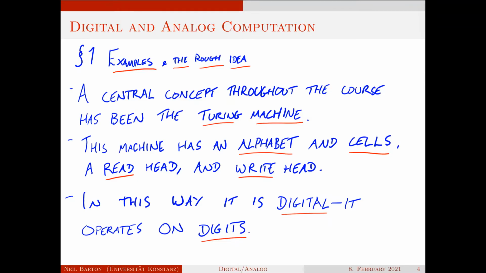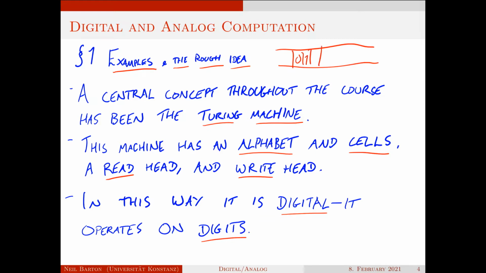Good. So a central concept throughout the course has been the Turing machine, and this is in some sense going to be the kind of canonical model of a digital computer. So how does this work? Let's remember, you're probably familiar by now, but it doesn't hurt just to go over it. This is a tape. There are cells.